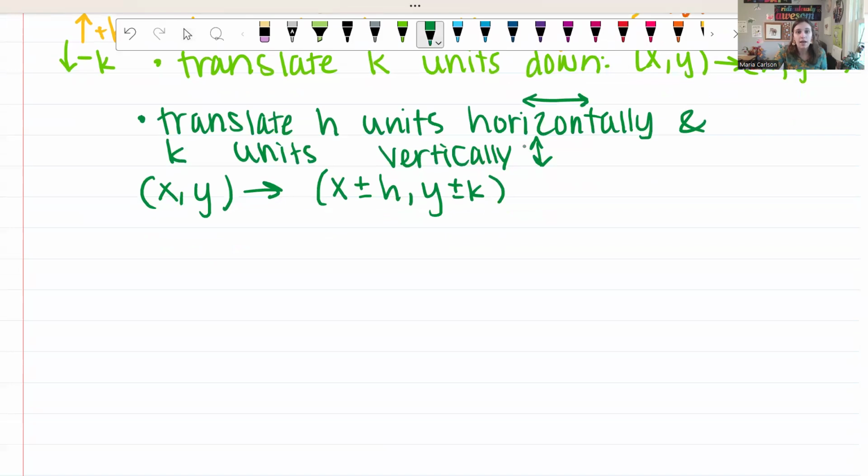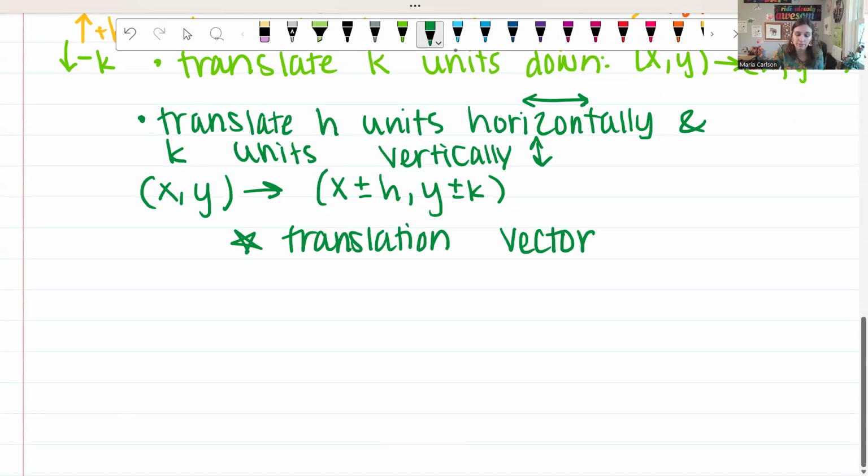All right, and then please note with this, you can always talk about the translation vector that's occurring. So if you go up h units, well, that would be k, because k is vertical.